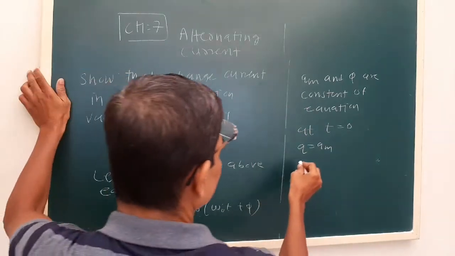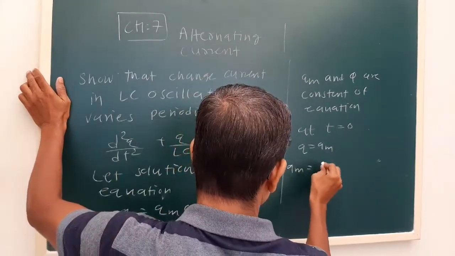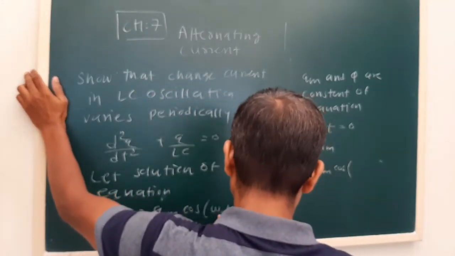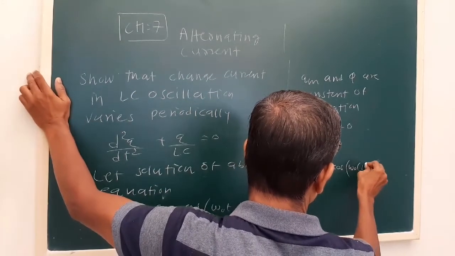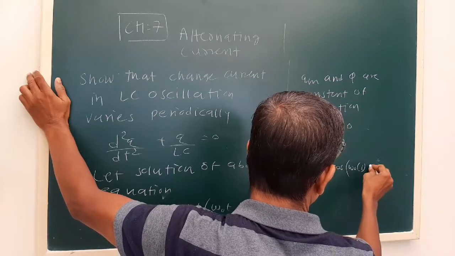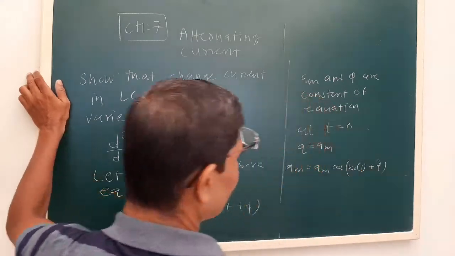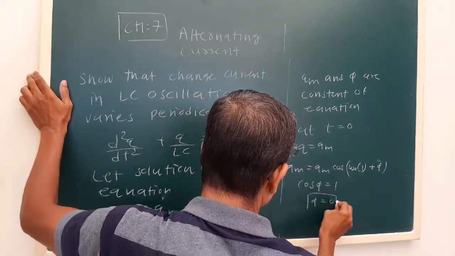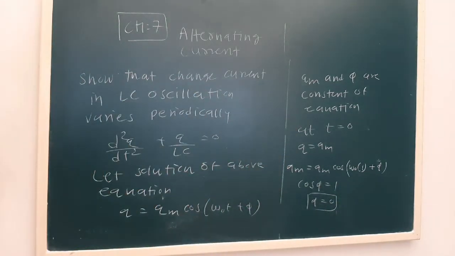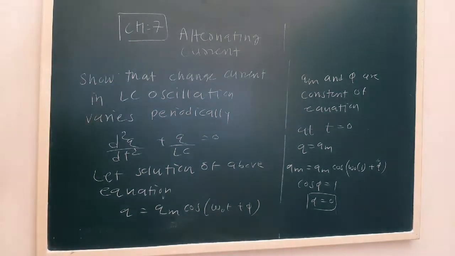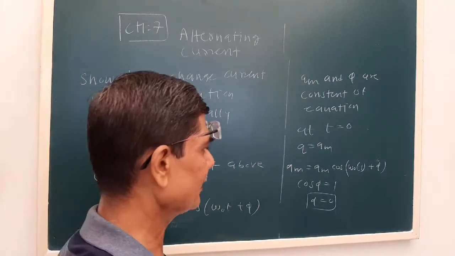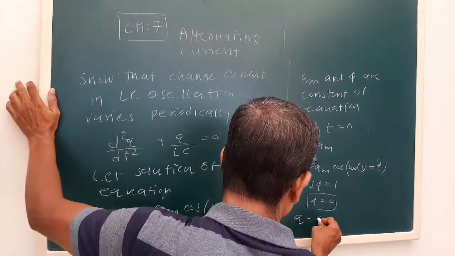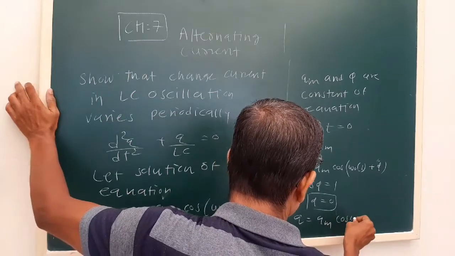So qm is equal to qm cos phi, that makes cos phi is 1 and phi is equal to 0. Qm is the maximum charge, so what is the value of phi? We are getting 0. So our equation will become q is equal to qm cos omega 0 t.